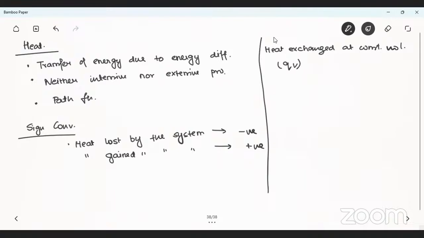For heat, the symbol is Q, so heat at constant volume is written as QV, which is equal to del U. Heat exchanged at constant pressure, what will be the formula? QP is equal to del H. These are the standard conventions we use for heat in chemistry.